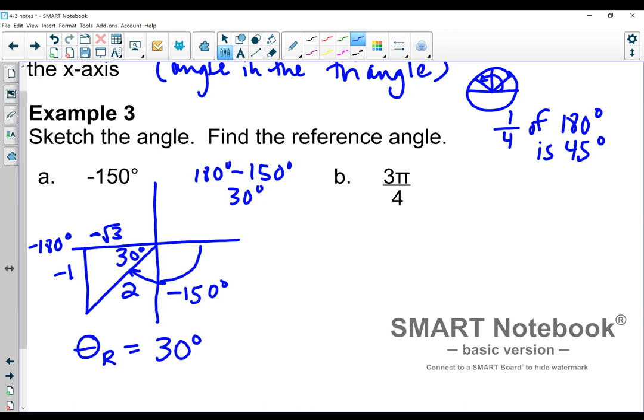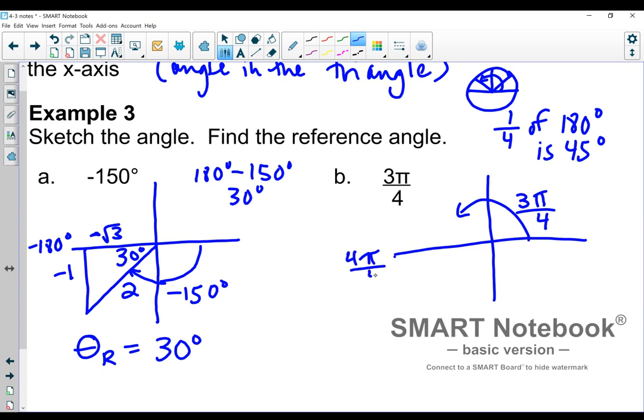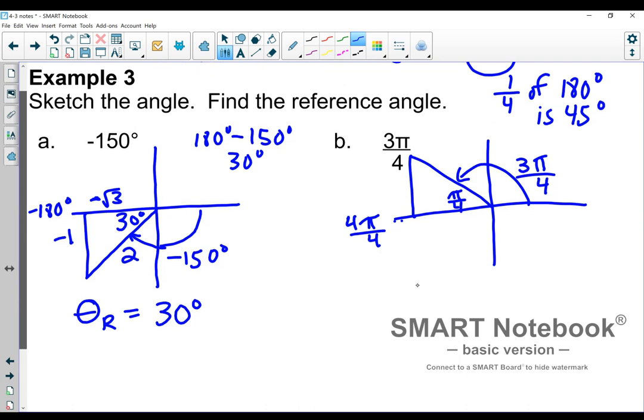So that just tells me a little bit about how to draw this, thinking about fractions. So 3 pi over 4 would be right over here. And then all the way to the line, 180 degrees is just pi. That would be the same thing as 4 pi over 4. So then we can see really easily what is between these two. What's between 4 pi over 4 and 3 pi over 4? Just pi over 4. So that's going to be my reference angle.